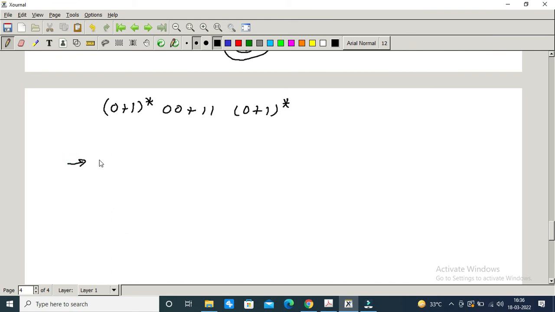This is your first state, which is your initial state, and this is reading 0 or 1 or any combination of 0 or 1, and then some 0, right? So if I read a 0, I can also read a 1, right? Because it can be 0 0 0, it can be 1 1, right?